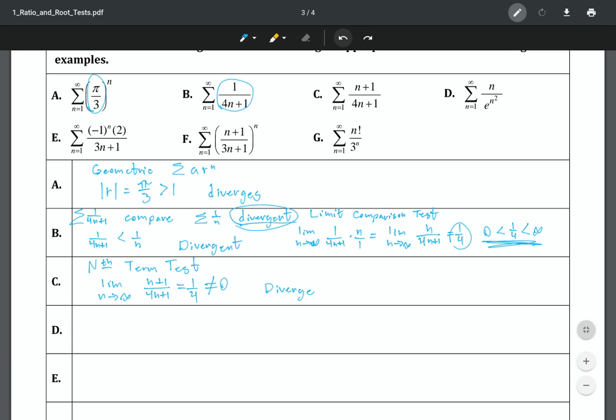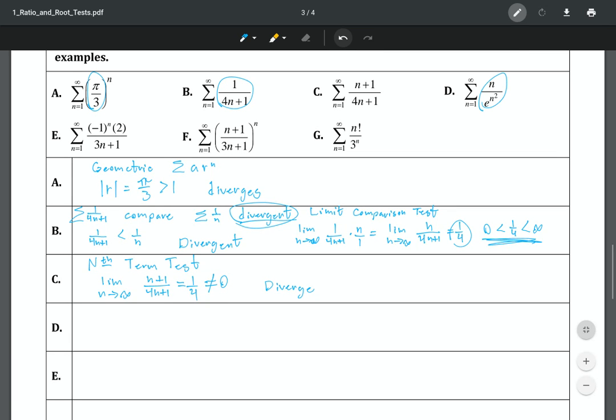At that point, I started thinking of the integral. Could I integrate this? That's really the question, assuming you have the skills to do it. And the answer is yes, I can. So I'm going to at least attempt the integral test on this one.